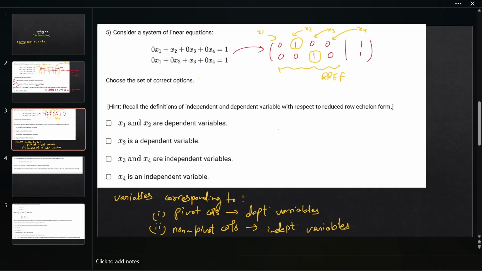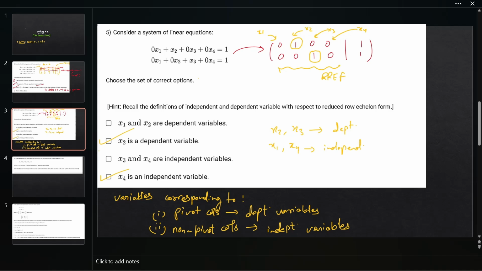Thus, x2 and x3 are dependent, whereas x1 and x4 are independent. So x4 is an independent variable is the correct option here, and x2 is a dependent variable is a correct option here.